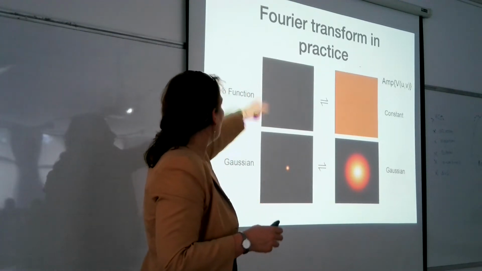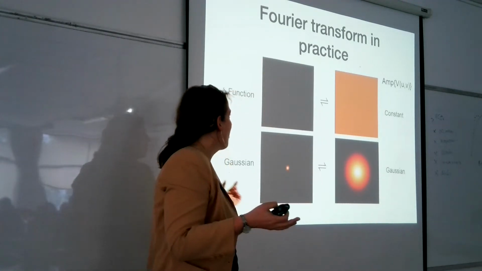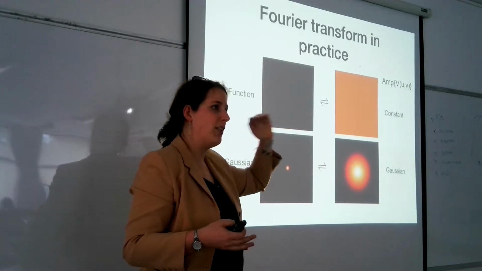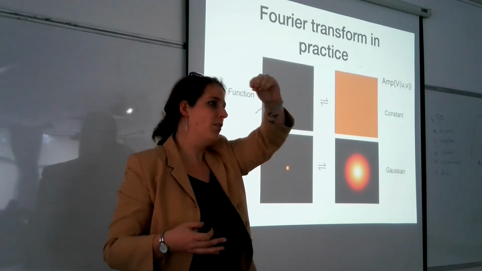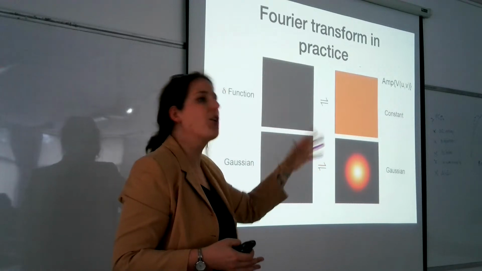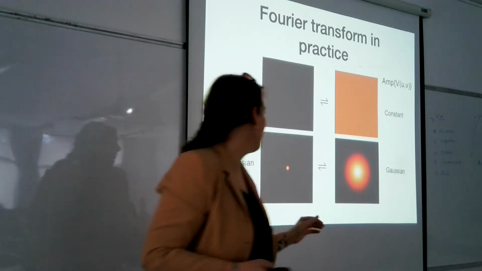If we have a delta function in the sky, like a point source, your visibility will be constant. Your visibility signal will be the same at all baselines, because it's infinitely small. Of course, nothing is really that small, but it will approach that.